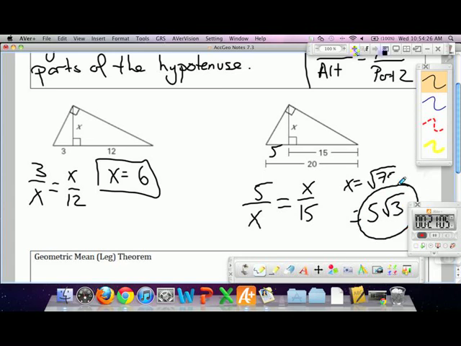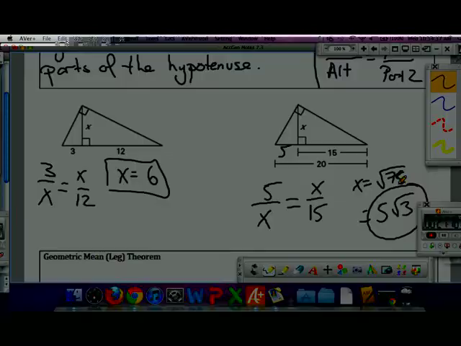Without needing to redraw, if we go directly to the formulas, you can go this route. We'll also formally state the second pattern that we saw, the geometric mean theorem for legs.